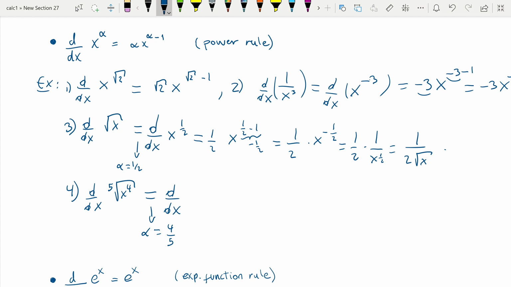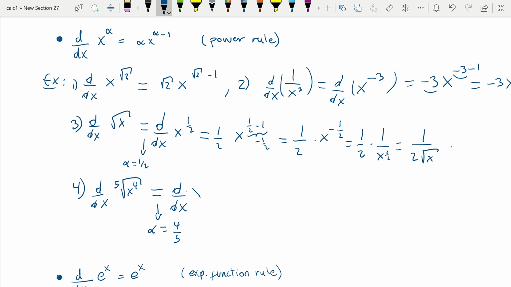Remember that what's on the root becomes a 1 over, in this case 5. It's only in the case of the square root that we don't actually write a 2, but for all the other roots we write a small number outside the root sign. So this is equal to x to the power of 4 over 5. And again, the rule tells us that that's 4 over 5, x to the 4 over 5 minus 1. But then the exponent becomes minus 1 over 5.